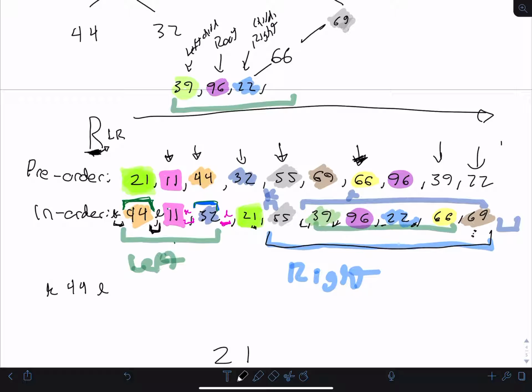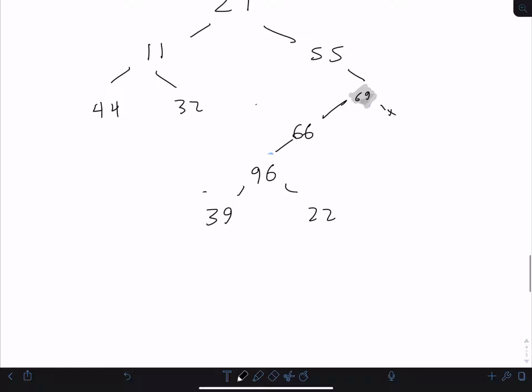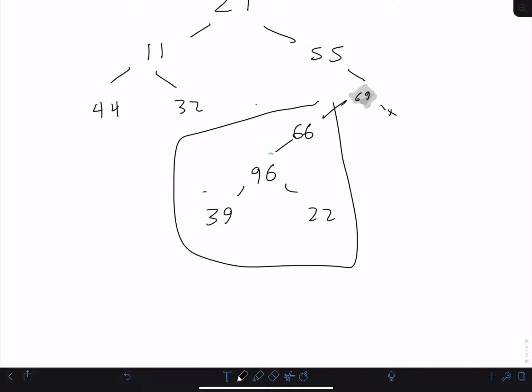It's kind of like quicksort when the pivot was the biggest element. So when it's dividing it into two sublists, in this case, 69 has nothing on this side before the end of the entire list, and it has 39 to 66 on this side. So that's why 69 has no children here, and it has all the children over here.